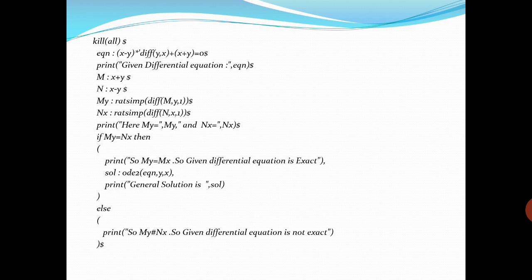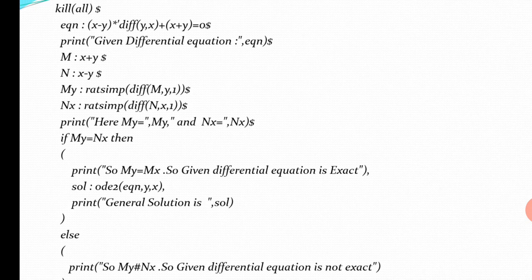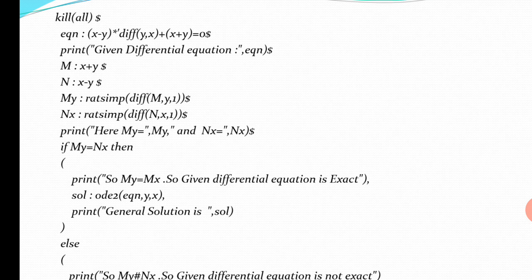This is the program, that is kill(all), equation. We write the equation, print the given equation, right? Compare the given differential equation with M dx plus N dy and write the M and N values. Calculate My and Nx using ratsimp of differentiation of M or N with respect to y or x one time.